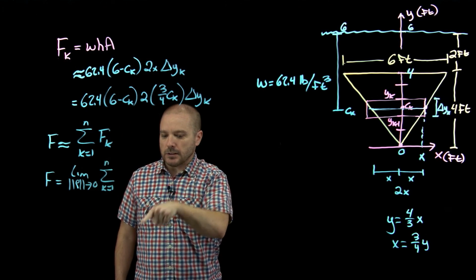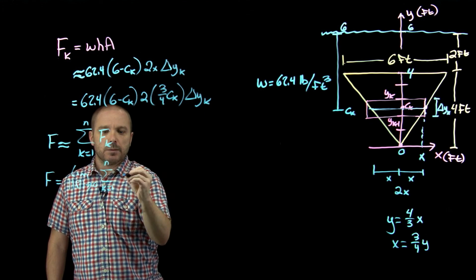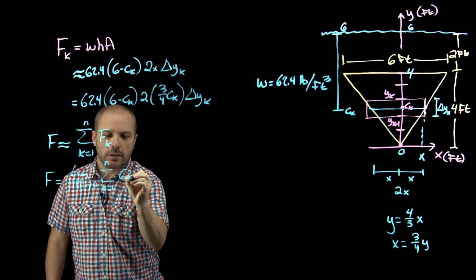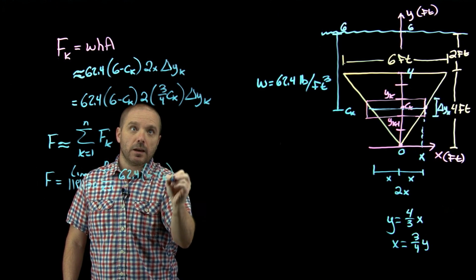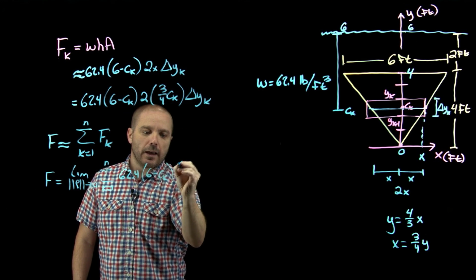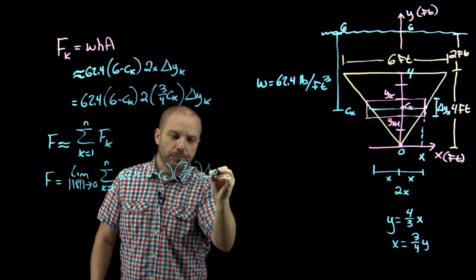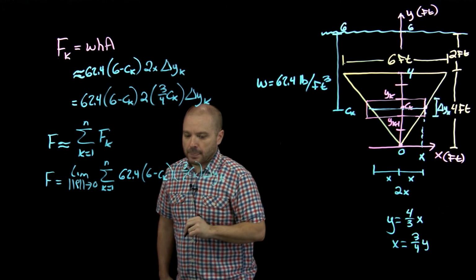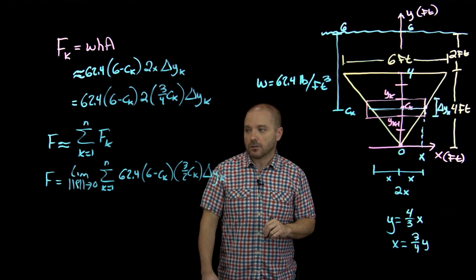And now I'll actually write in what that f sub k is, maybe simplify a little bit. 62.4, 6 minus c sub k, that's what, 3/2 c sub k delta y sub k.